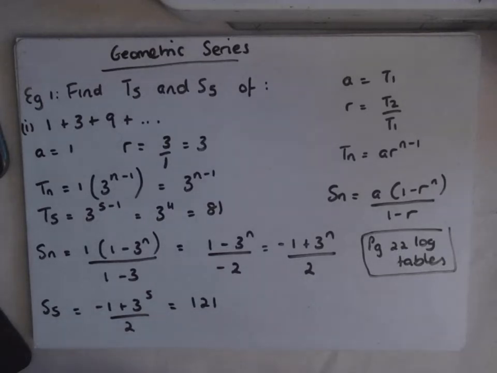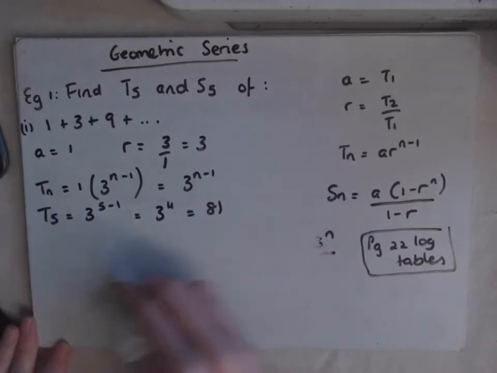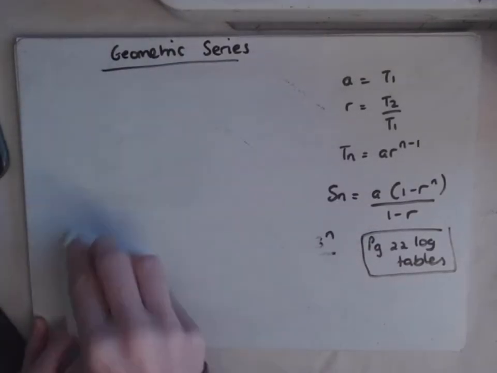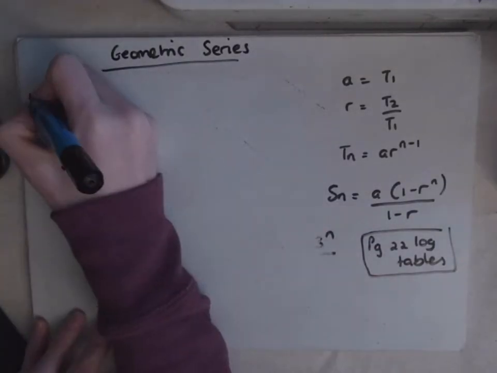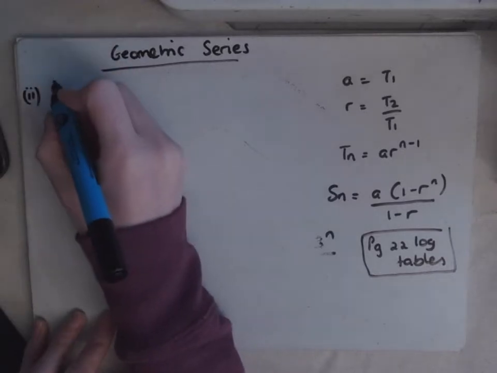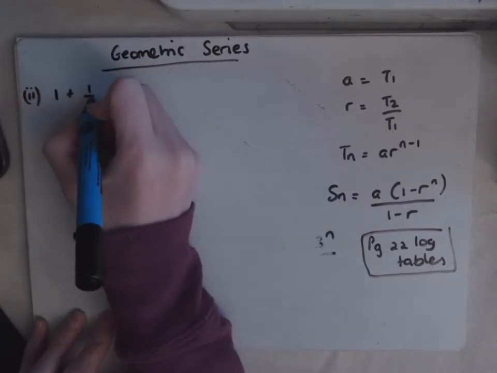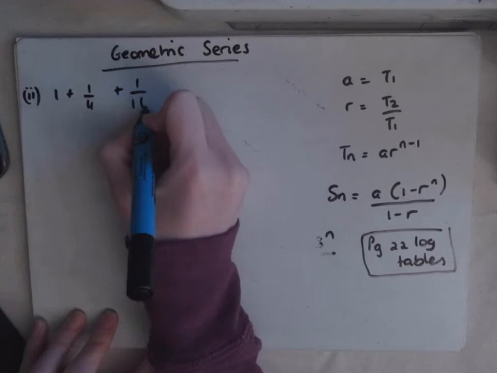Now let's look at part 2, when our r is a fraction. So same thing, T5 and S5, but this time my series is 1 plus 1 over 4 plus 1 over 16.